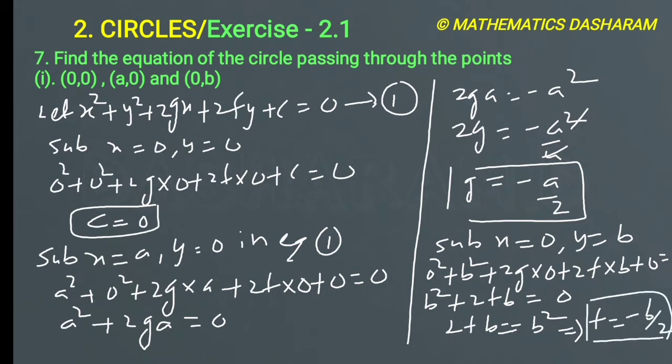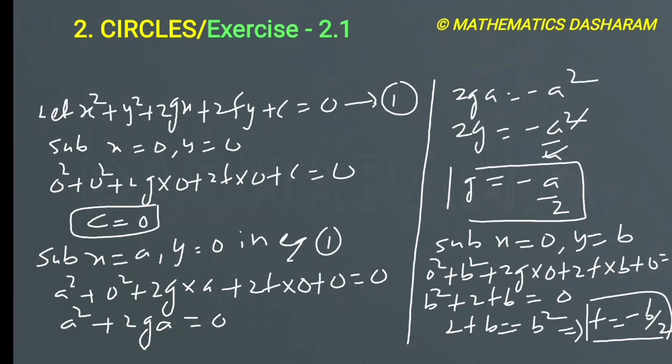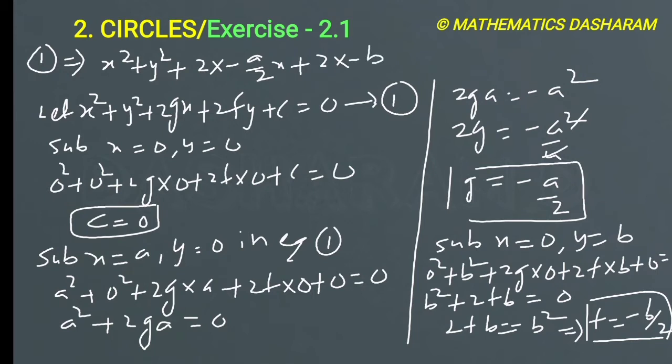So substitute the c value, g value, f value in equation 1. Then equation 1 will become x² + y² + 2·(−a/2)·x + 2·(−b/2)·y, and the c value is 0, so it equals 0.